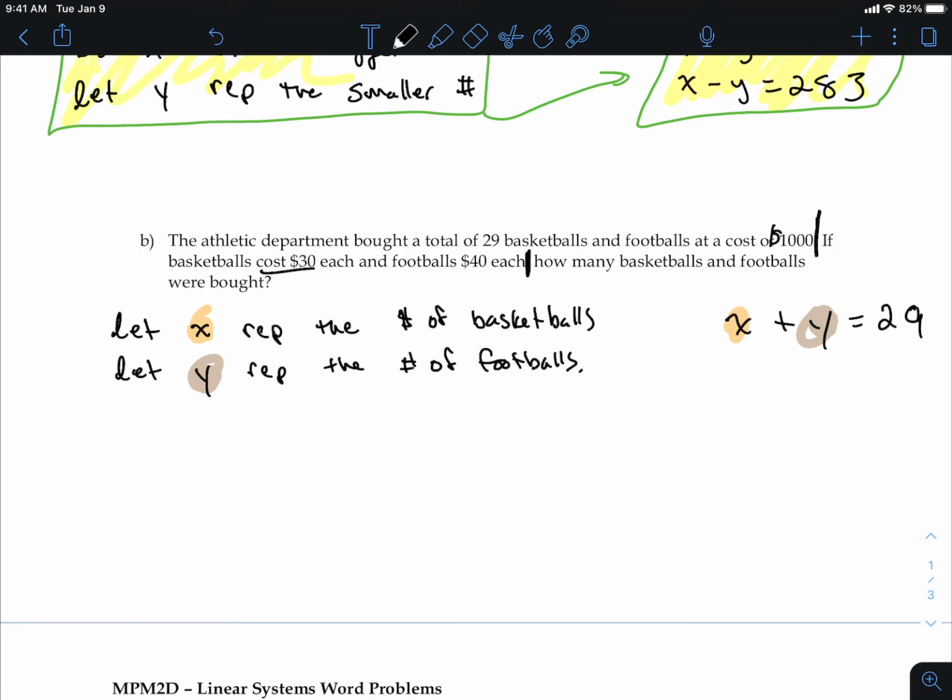How much you're going to spend is the $30 times how many of them you bought, right? So we're going to multiply 30x, right? That's going to tell me how much money I spent on just basketballs, right? And then the second part of this is I had $40 for the footballs. That's going to tell me how much I spent on footballs, right? The total amount of money that you're allowed to spend is 1,000.